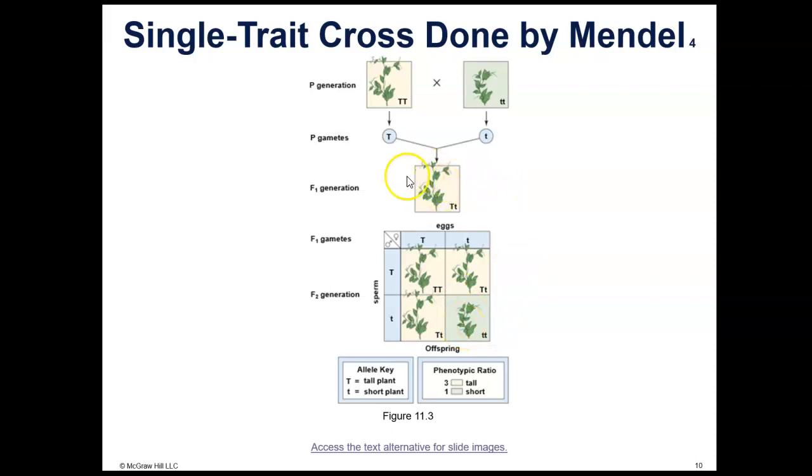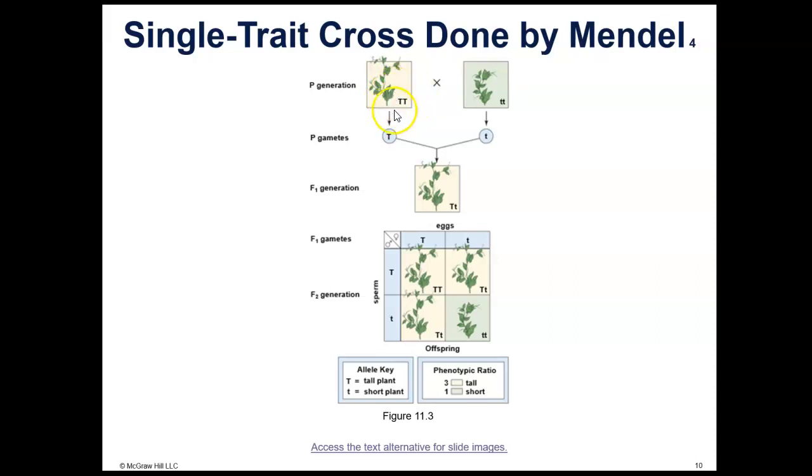Okay, well, the F1s must be carriers of the short allele. So let's just keep this simple, and let's just say that both parents in the P generation have 2 genes for each trait, because they all came from 2 different plants that were crossed at some point in time. They came from a sperm and an egg.